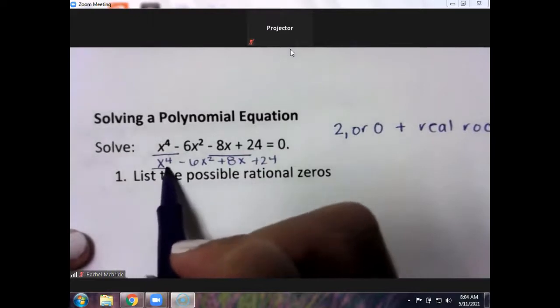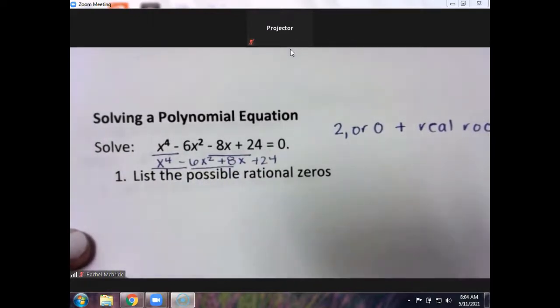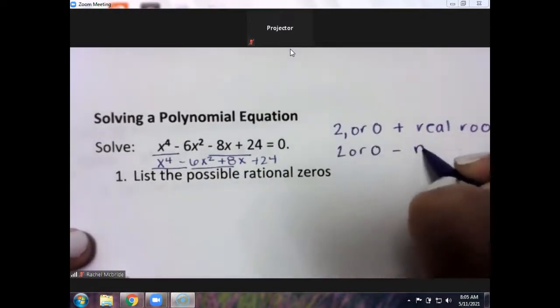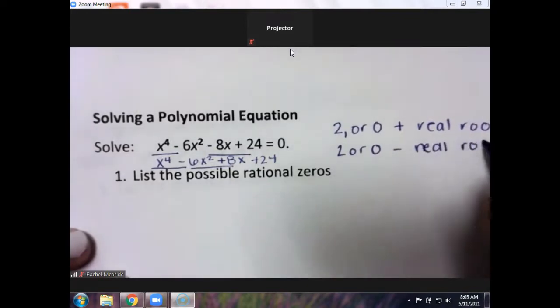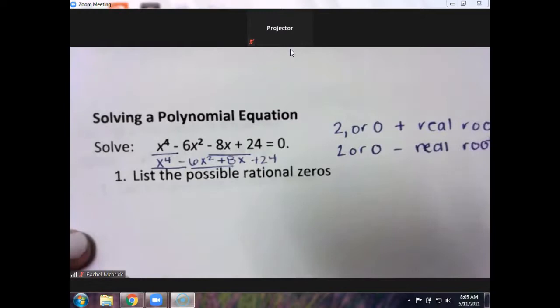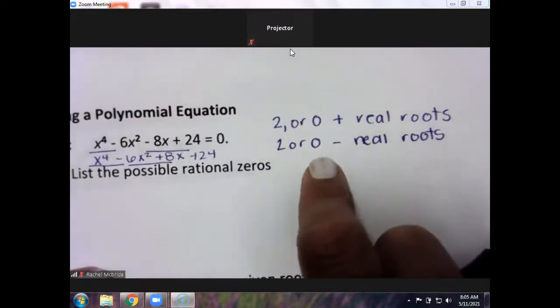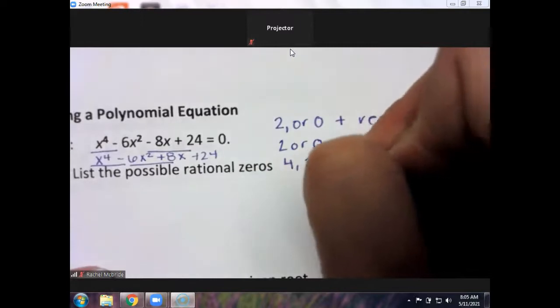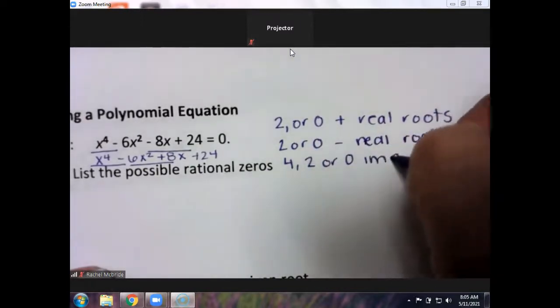So I have 1 sign change, 2 sign changes, so it means I can have 2 or 0 negative real roots. And again, if I can have none, then that means I can have 4, 2, or 0 imaginary.